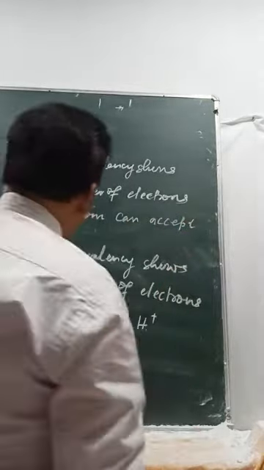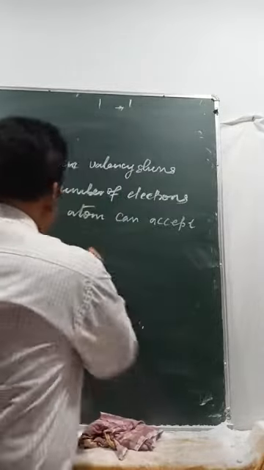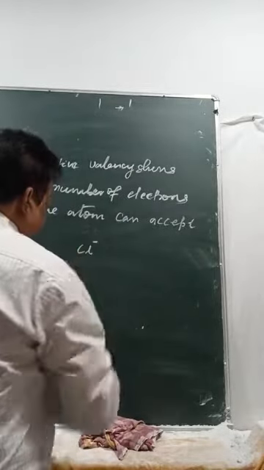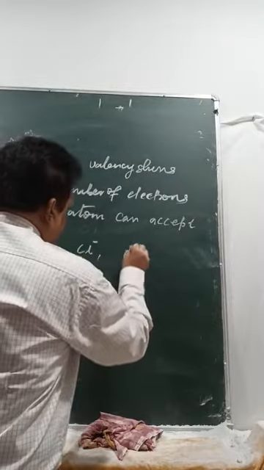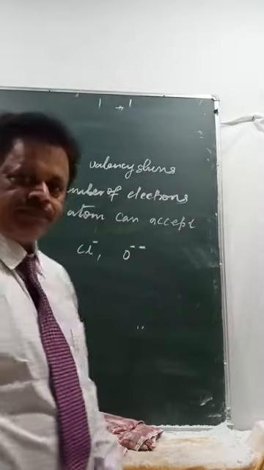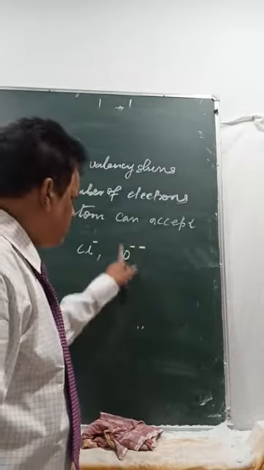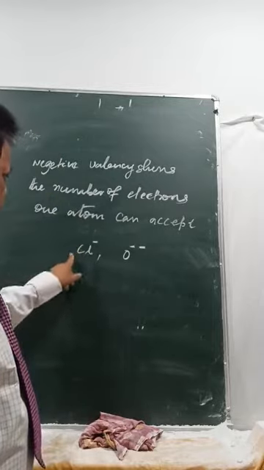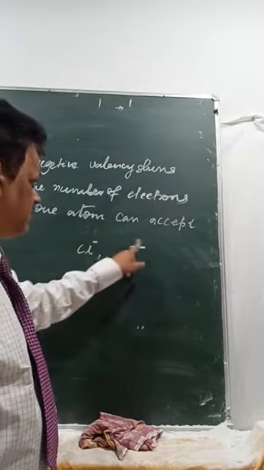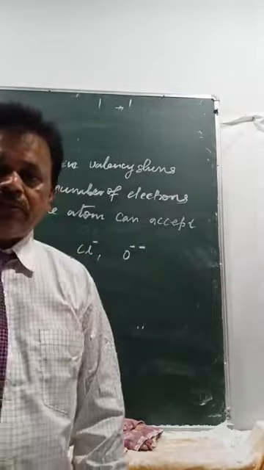Means like chlorine will receive one electron, oxygen will receive two electrons. It can receive two electrons, it can receive one electron. So this is negative valency, this is negative valency, H plus was your positive valency.